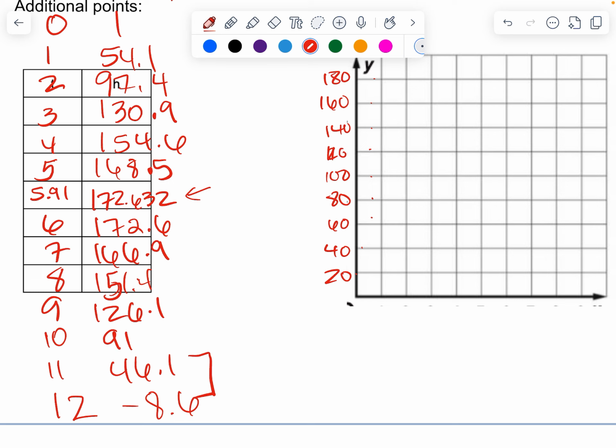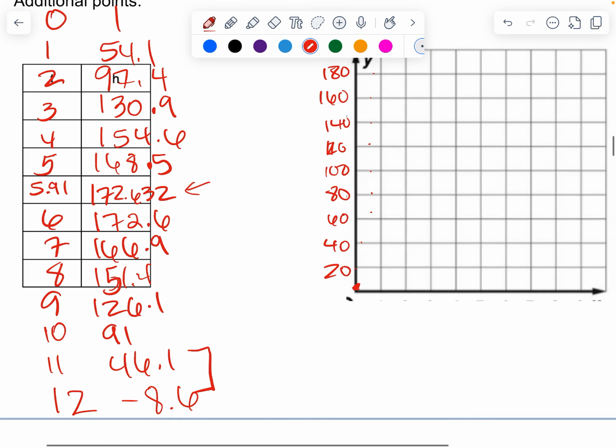So if I do this, 0, 1 is way down there. And then 1, 2, 3, 4, 5, 6. So somewhere here, 172 here. 6 is going to be like right below it.